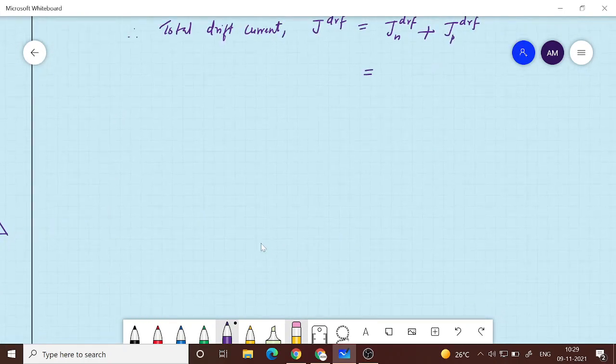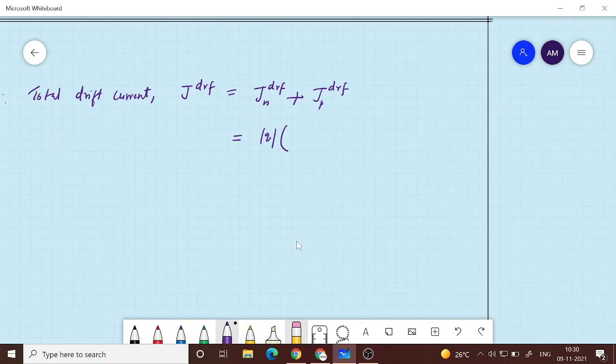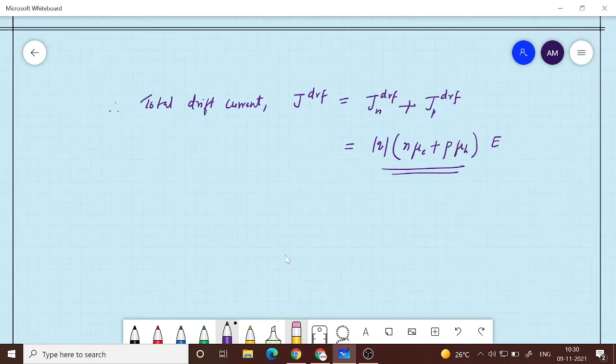So we'll write it as modulus q into (n mu e plus p mu h) into electric field. Okay, n mu e plus p mu h. So this is the Ohm's law in point form.